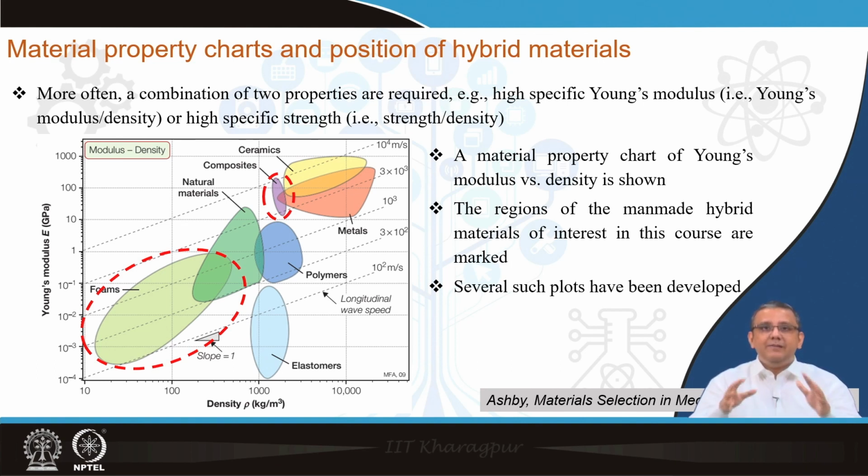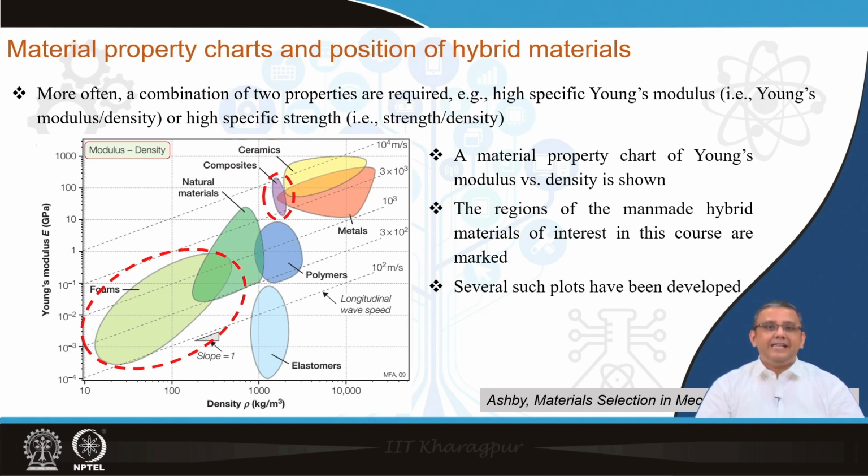That means if we simply plot linear axes, the plot will be enormous and we cannot fit all the materials in one single plot, and that is why both axes are made in the logarithmic scale.